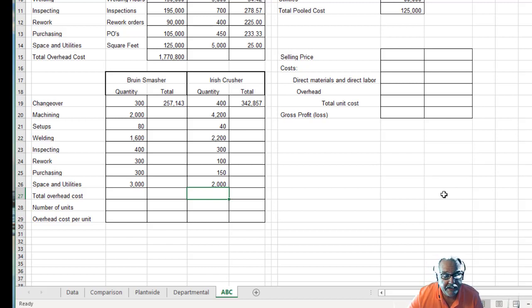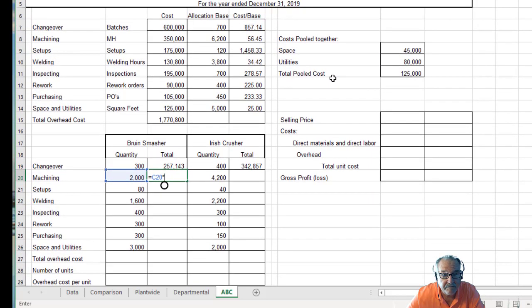So that when I calculate machine hours, let's try that again. Machine hours times the cost per machine hour, 112,903. And now I can use the drag tool and come straight down.